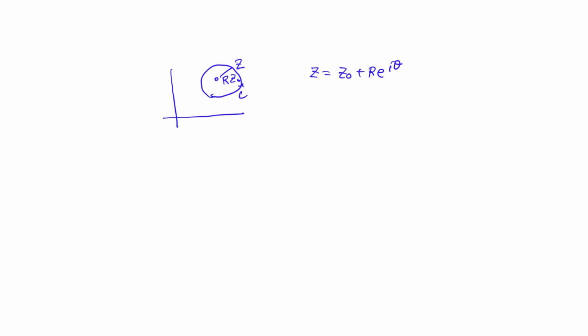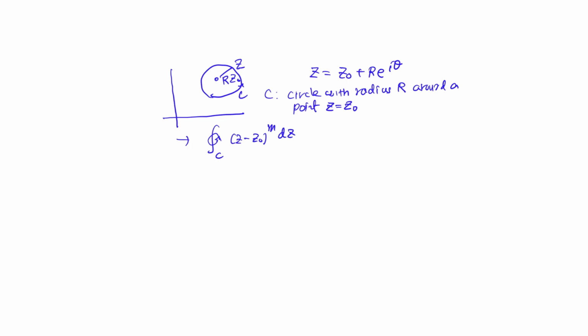So C is a circle with radius r around the point z equals z naught. Then we obtain the same formula, the integral of (z minus z naught) to the m dz, right?